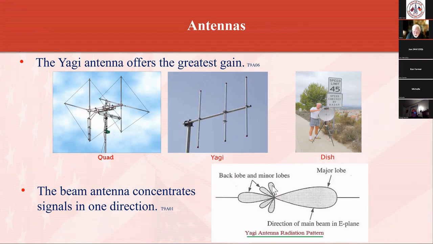But there's energy that comes off the sides and the back, and these are called minor lobes. Back lobes and side lobes are minor lobes. And the E plane refers to the plane in which the conductor is. In this case, it's a vertical antenna. So in the vertical plane, which is the E plane, this is the pattern you would measure.